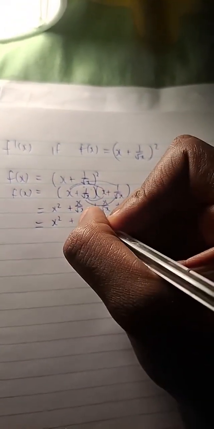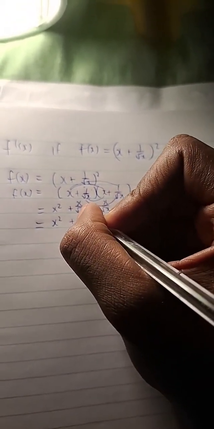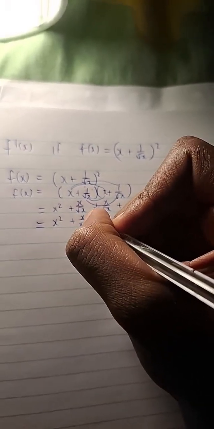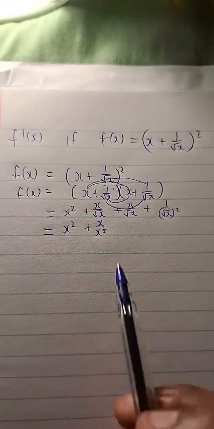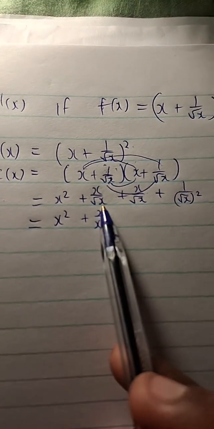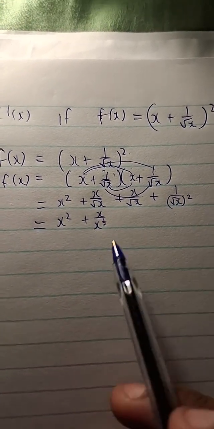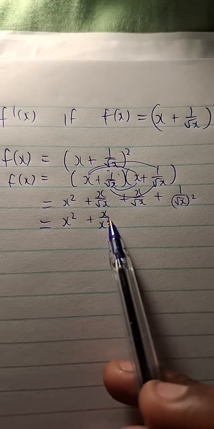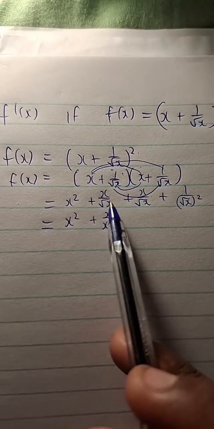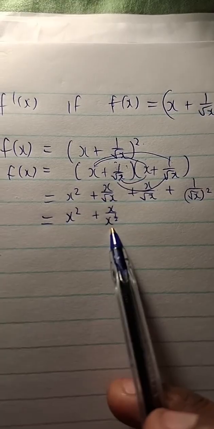This x over root x, something to note here, you can write as x over this root x. Change the root into exponential form. Root x can be written as x to the power half. Now someone will be asking how. Well, in grade 11, you learned how to change roots into exponents.